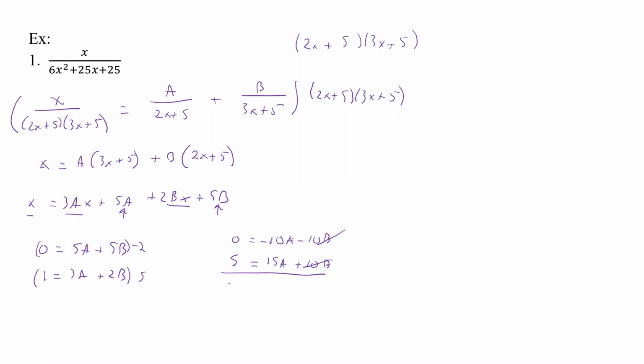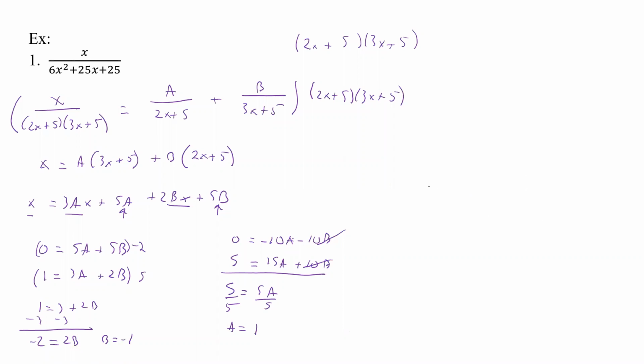And so now those cancel. Now 0 plus 5 is 5, and negative 10 plus 15 is going to give us 5A. Divide by 5, so A equals 1. So if A is equal to 1, we have 1 equals 3 times 1 is 3, plus 2B. Minus 3, and so minus 2 equals 2B, so B equals negative 1.